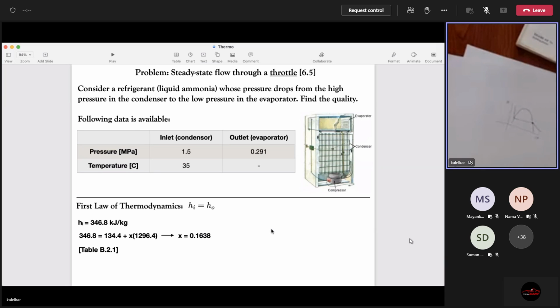Unlike water, where you are given conveniently two tables, B point 1.1 and B point 1.2, a temperature-pressure table and a pressure-temperature table, that is not given here in ammonia. What you are expected to do is use the same table. Outlet pressure is 291 kilopascal, so look at the second column and find where 291 is.